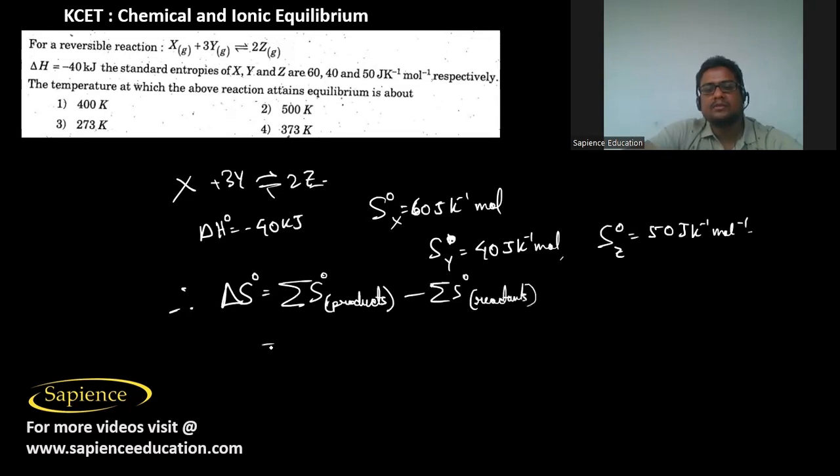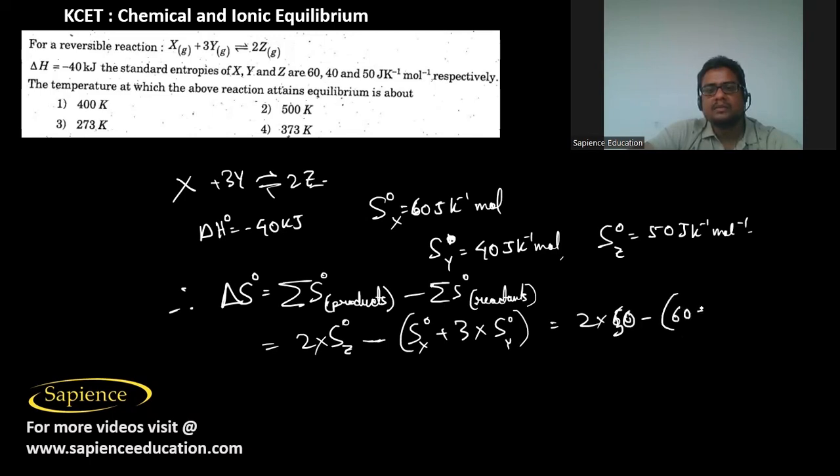So here it will be 2 into entropy of Z minus entropy of X plus 3 times the entropy of Y. So sorry, 2 into 50 minus 60 plus 3 into 40. That will be 100 minus 180, so it is minus 80 joule per Kelvin per mole. So the change in enthalpy is minus 40,000 joule.